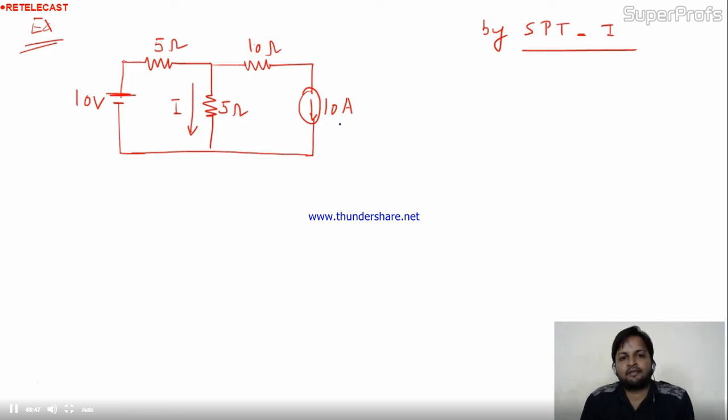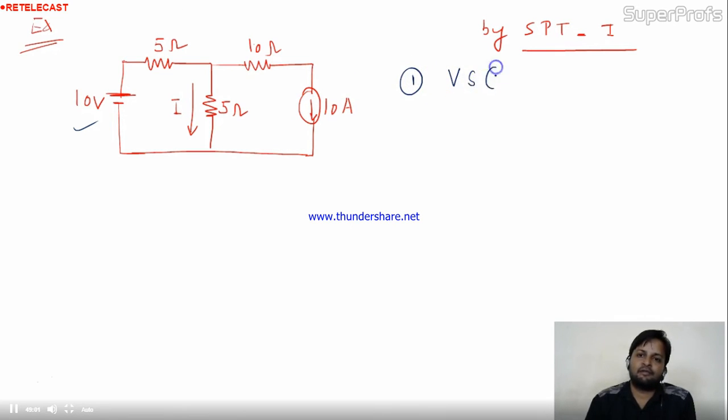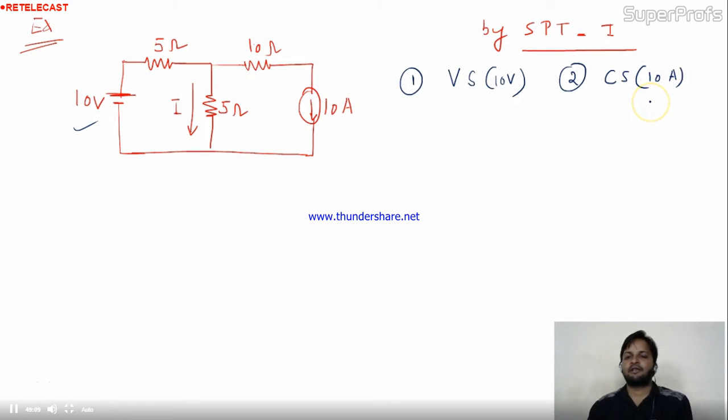The independent sources should be more than one in the circuit, then only we can apply the SPT. Here in this circuit, I am having two independent sources. Number one is a voltage source having value 10 volt, and second is a current source, and the value of that source is 10 ampere.